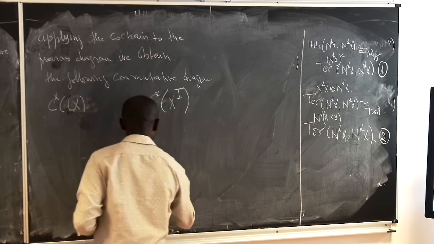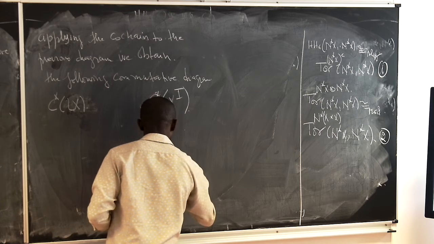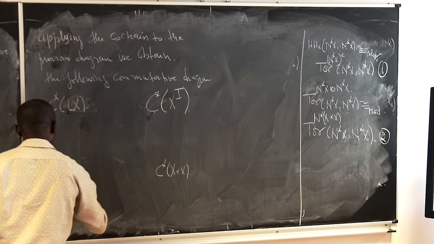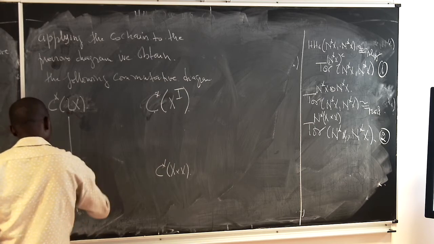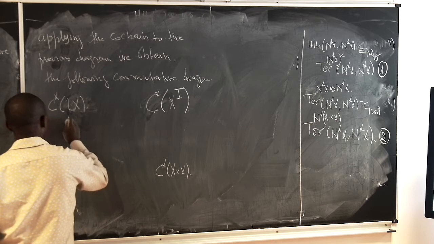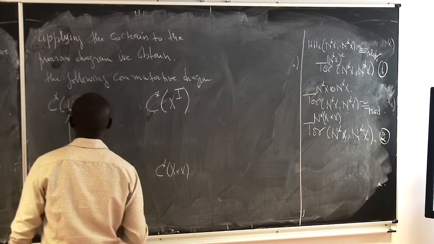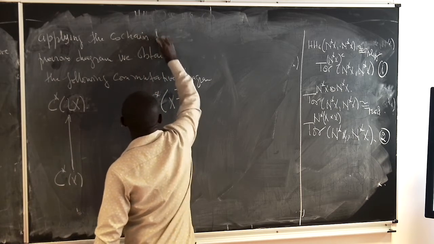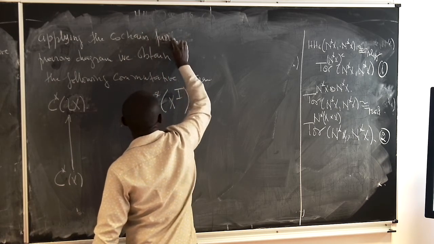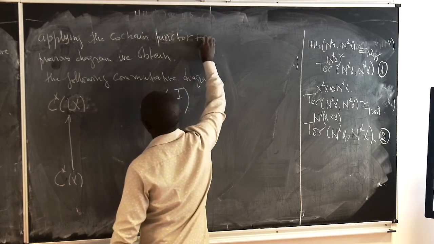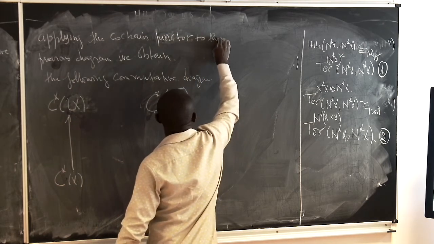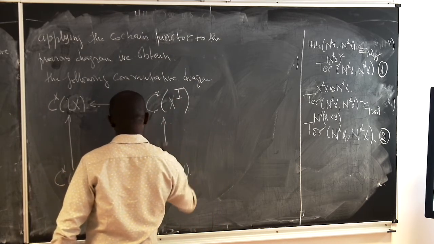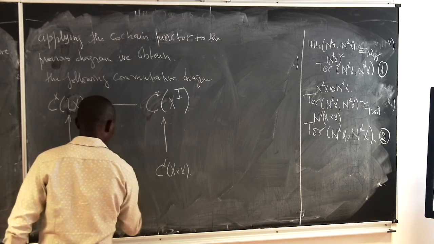And here we have, since the quotient functor is applying the quotient functor to the previous diagram, we have this, this, this, and we have this.